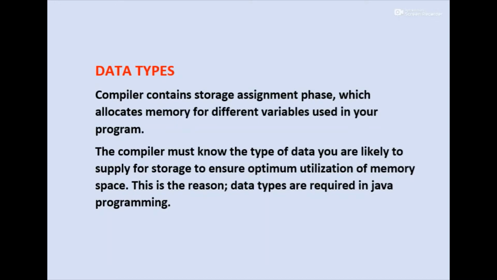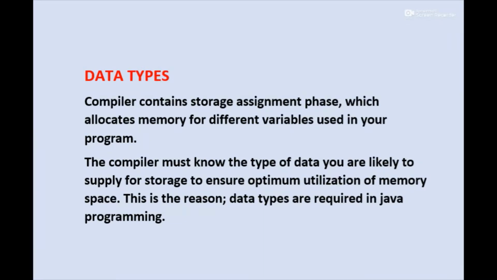Now the next question is, how does the compiler know how much memory is needed for different types of variables? The answer is the compiler uses data types for optimum utilization of memory space. Each and every data type has a predefined memory size which is known by the compiler. For example, int data type occupies 4 bytes of memory block for the value of its variable.